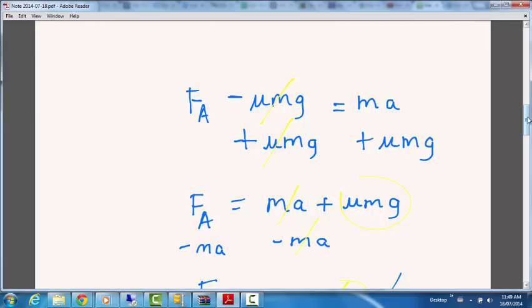Let's place it on the right side of the equation. So let's add it to both sides of the equation. Add it to the left.